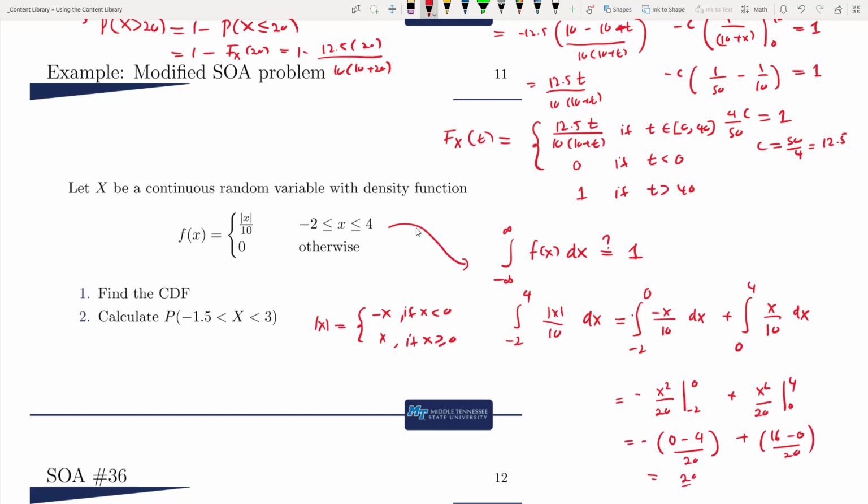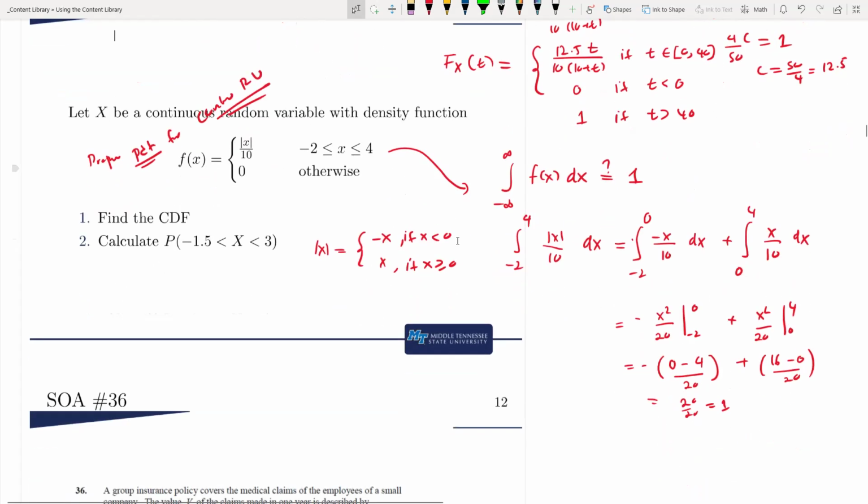And that would end up as 20 over 20, which is 1. So this is a proper PDF for a continuous random variable. I just wanted to make sure that this is correctly defined, because it's a modified problem. Sometimes there may be a mistake.